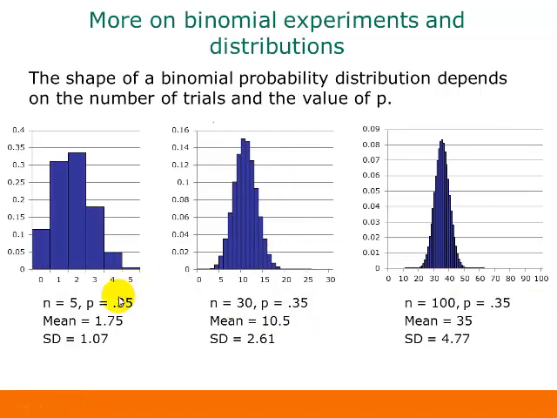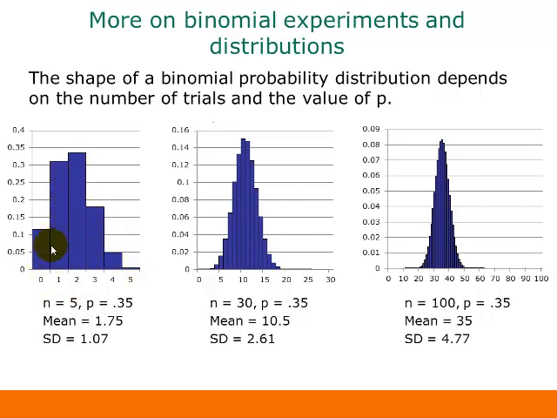Now, what if instead of changing the value of p, we change the value of n? Let's look at 3 pictures with different n values. So here we've got a probability of success of 0.35, and our sample size, or our number of trials, is only 5. So our possible values of x only go between 0 and 5.